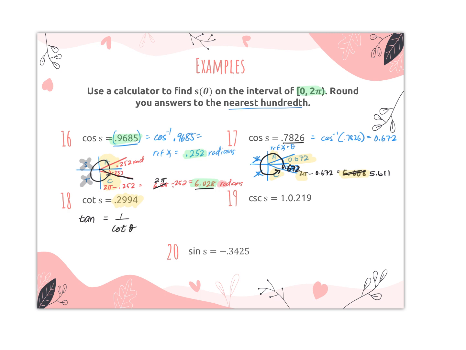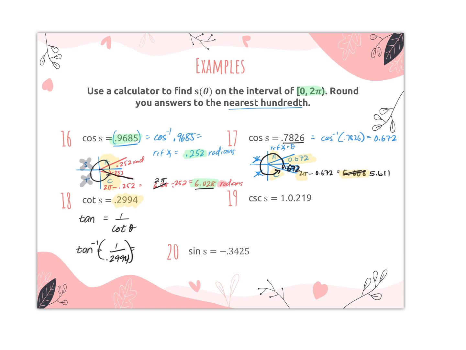So I know that I'm going to do the tangent equals 1 over 0.2994, because that's the actual cotangent. So I'm going to do the inverse of that, right? Because now I'm trying to find what angle makes that happen.